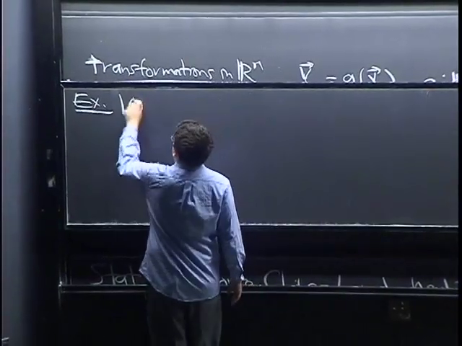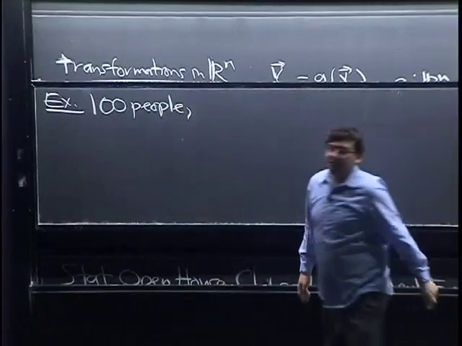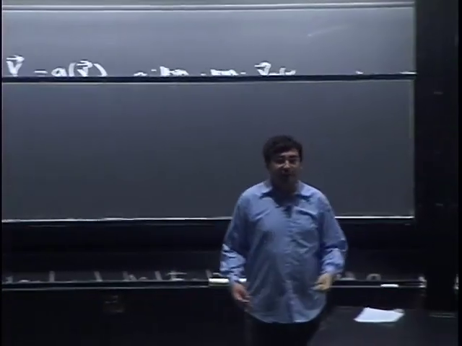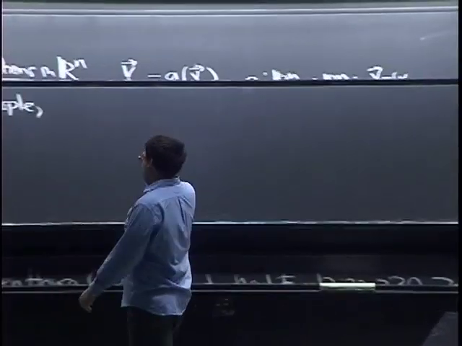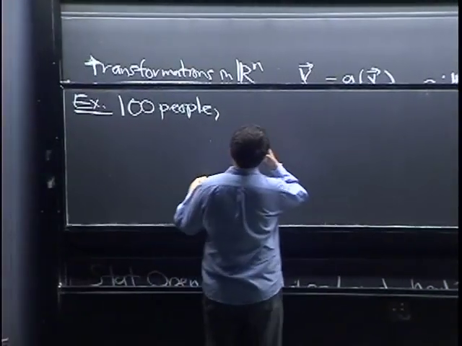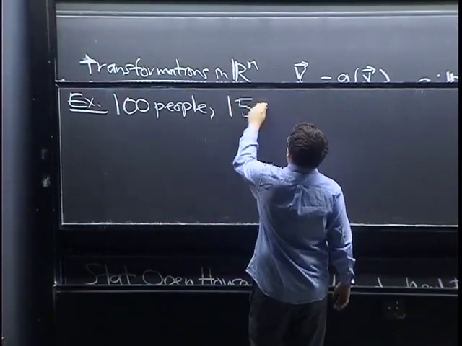Okay, so there are 100 people, and those people form committees. Now, one person can be on more than one committee, so let's assume that there are 15 committees.